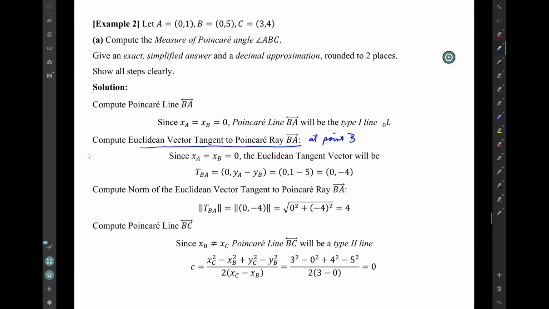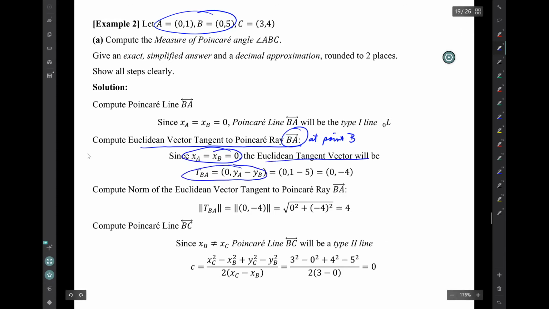Well, in the case of ray BA, I can compare the coordinates for points A and B. Since those have the same x-coordinate, the Euclidean tangent vector will be given by this formula. So I build that expression, and I get that ordered pair. That is a tangent vector.